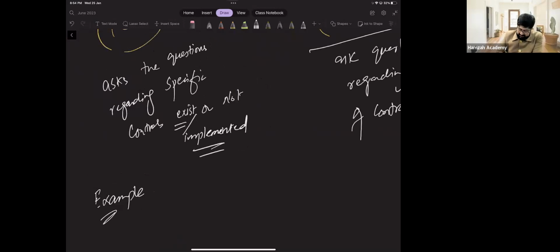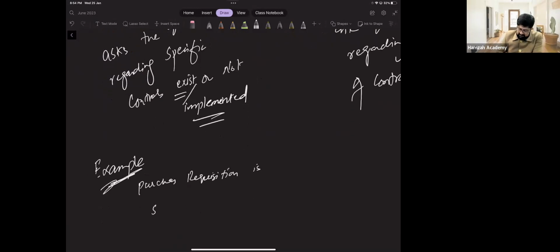The example is that purchase requisition is sent after checking inventory level in store.